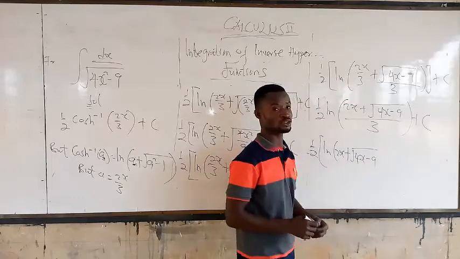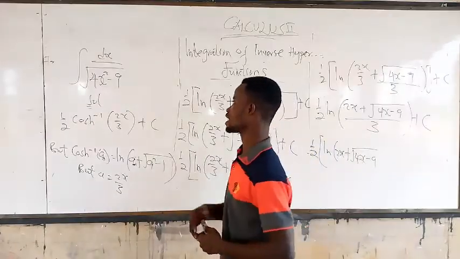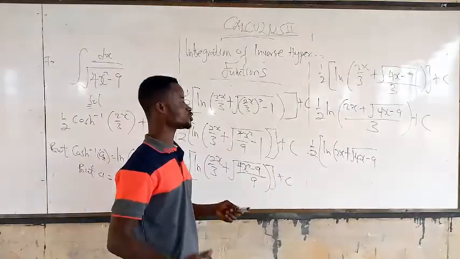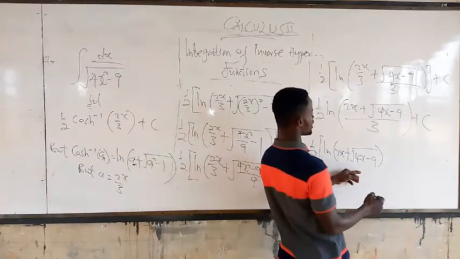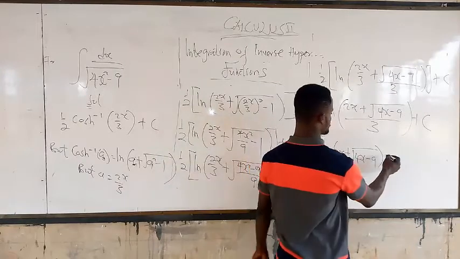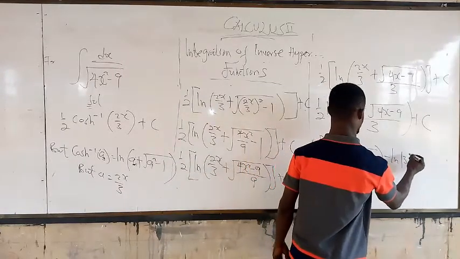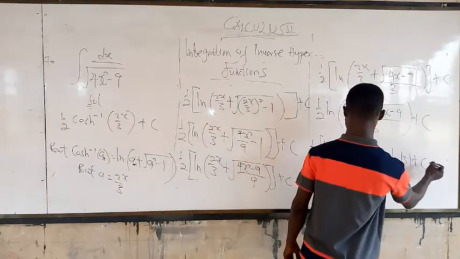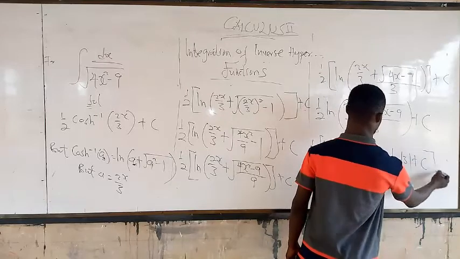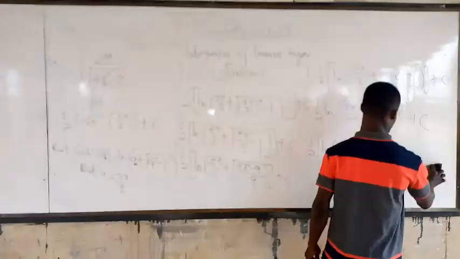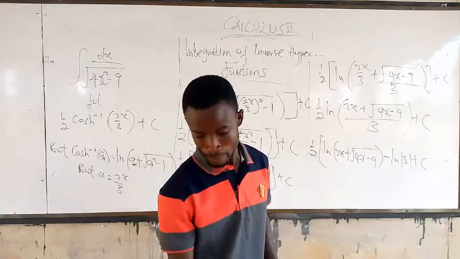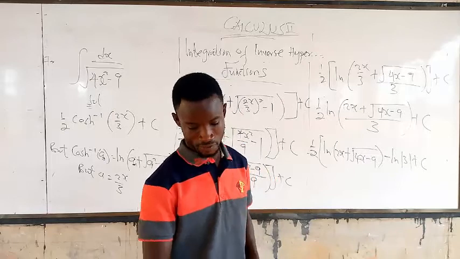Don't forget, you're not doing only calculus. That's why the prerequisite should be algebra. And here, since it's dividing, minus ln 3 plus c. Okay? So that is what you're going to get for that.